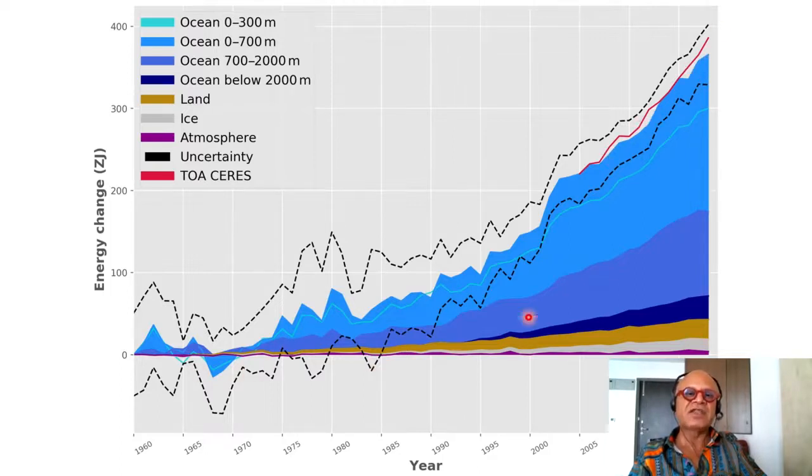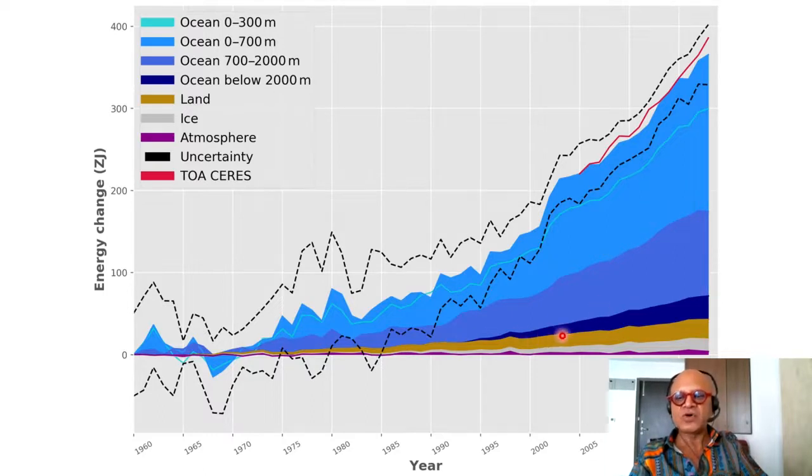So you can see again the ocean is taking up more and more heat, down to even below 2000 meters, but also in the top 300 meters, 700 meters, and 700 to 2000 meters.